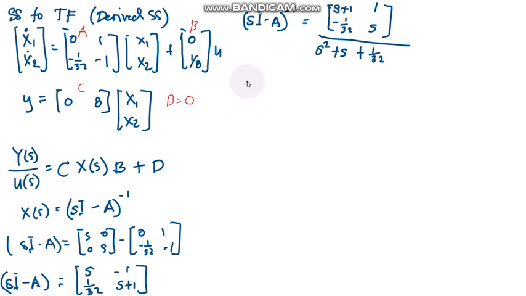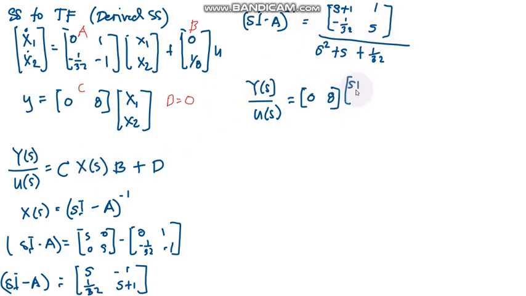So we're going to have Y of s over U of s is equal to the matrix C, 0, 8, multiplied by X of s, which is what we have derived.